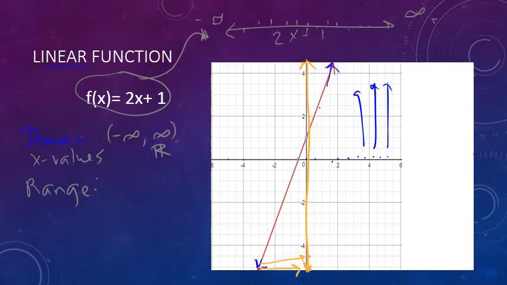So every y point matches with an x point on this graph somewhere. So they all have answers all the way up. So in that case, it would also be negative infinity to infinity. There's very few functions that have all real numbers for both domain and range.